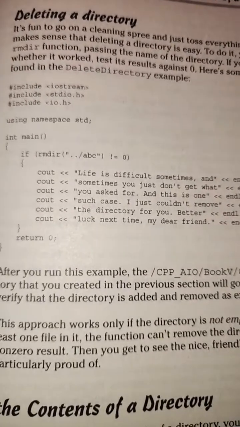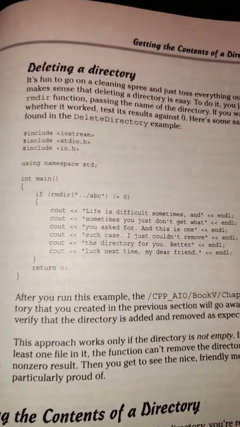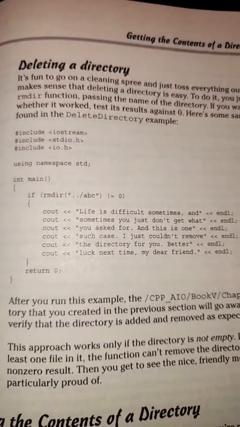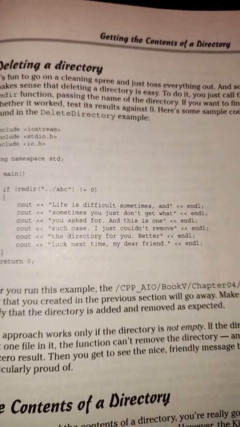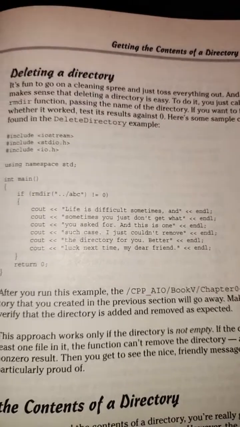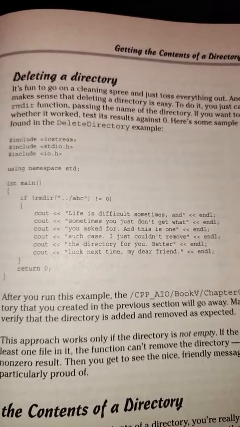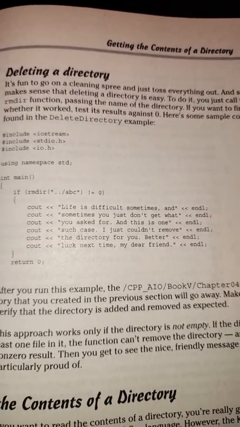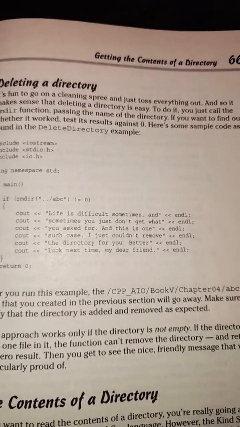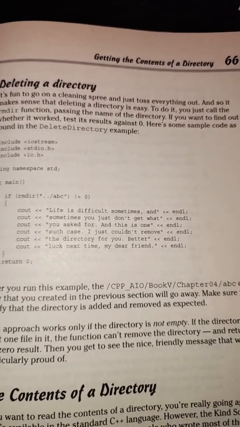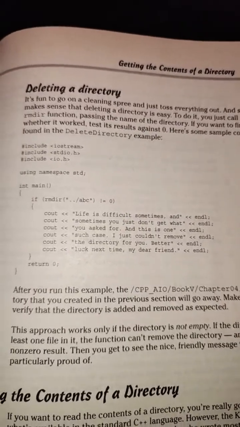Sorry. cout: I just couldn't remove the directory for you. Better luck next time, my dear friend. Return 0.